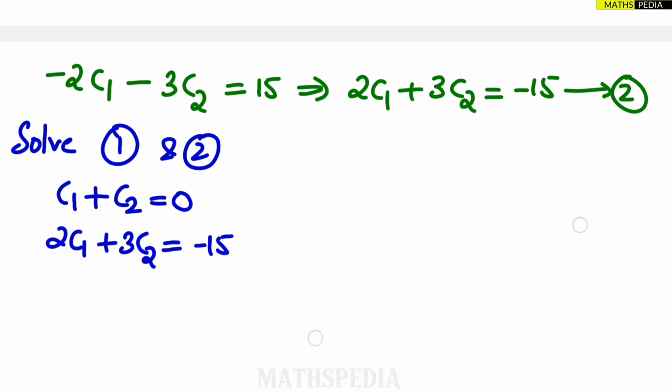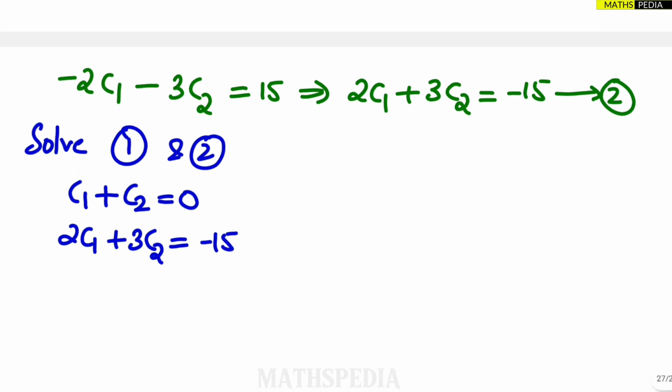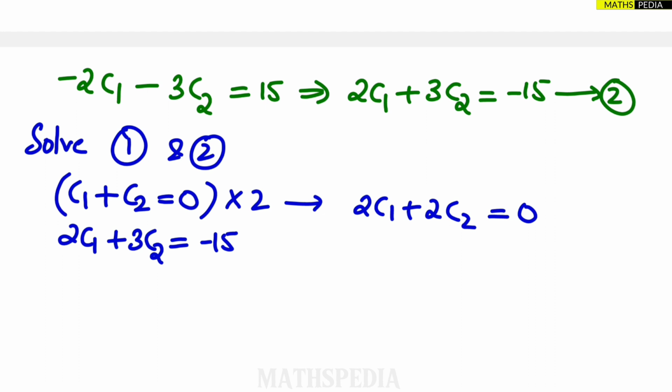How to solve this? Very simple. Make the coefficients of one variable the same. So I will make the coefficient of c1 the same. Multiply with 2, so it becomes 2c1 plus 2c2 is equal to 0 into 2, which is 0. The second equation stays as it is. You can observe that the c1 coefficients, 2 and 2, are the same.